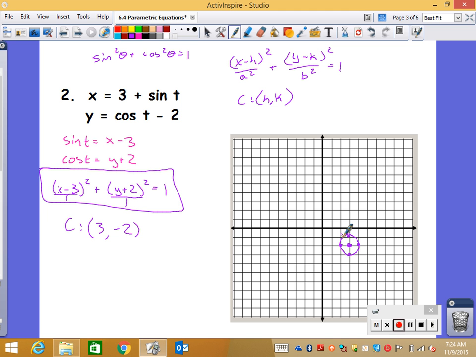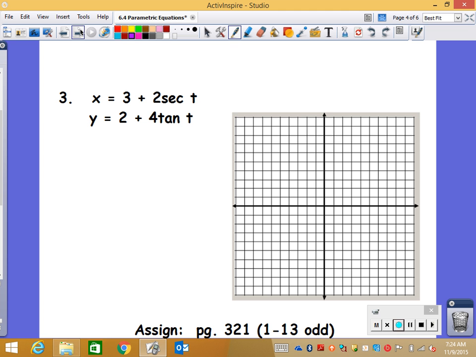Remember, my order of operations here, if you want to think of it in terms of that, is isolate the trig functions, plug them into a Pythagorean identity. We're going to use a different one in just a second. And then lastly, plot it. Plot the center, figure out how far you go left and right. So for this last one, we're using secants and tangents.